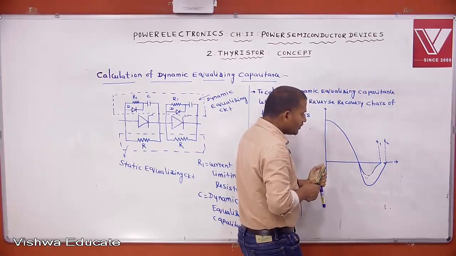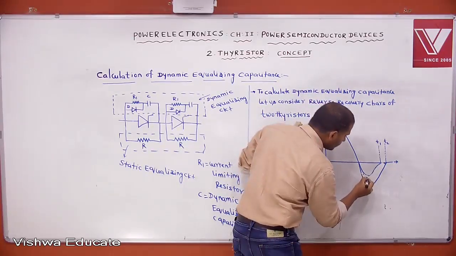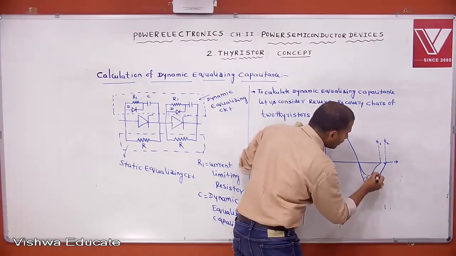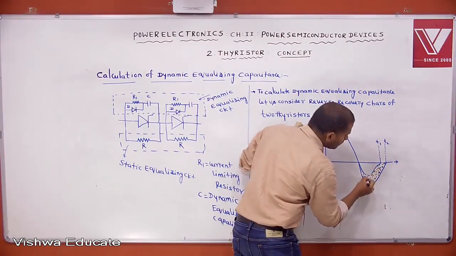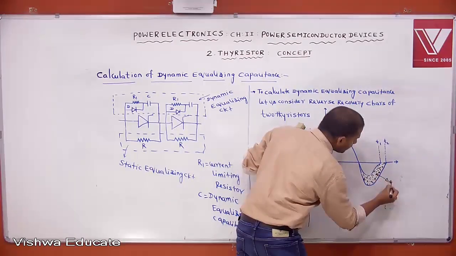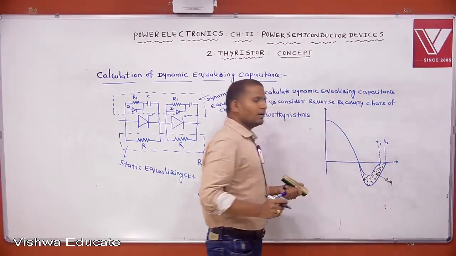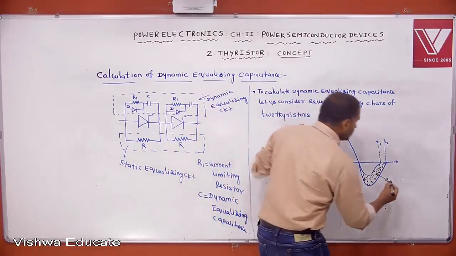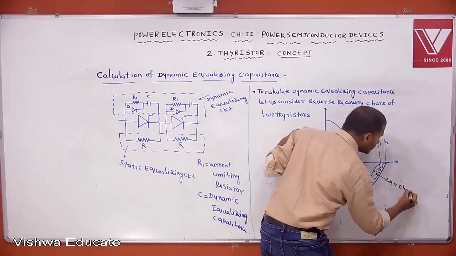Because of this charge difference only, we are getting unequal dynamic characteristics. Let this be delta Q, where delta Q is the charge difference between the two thyristors.